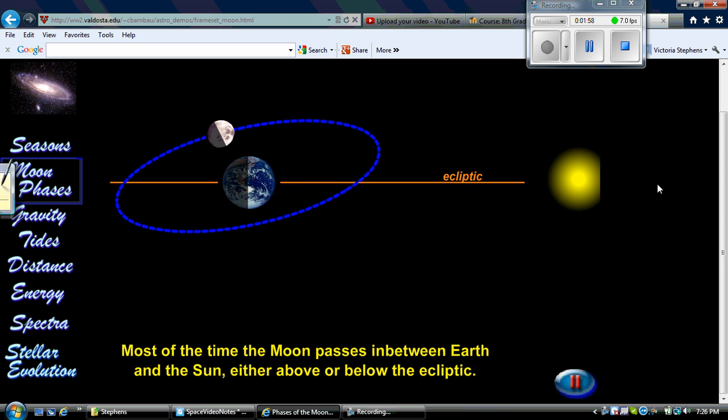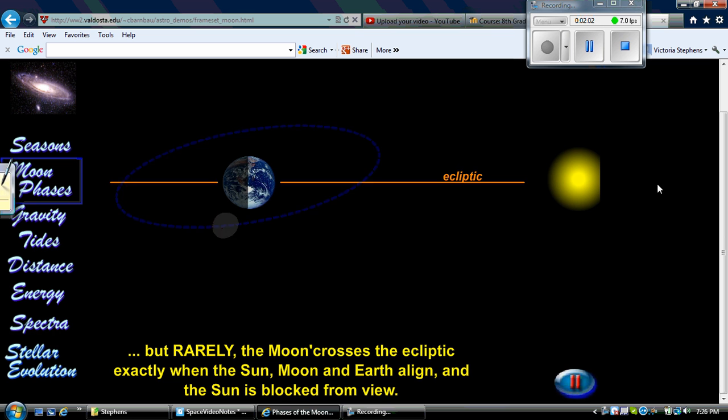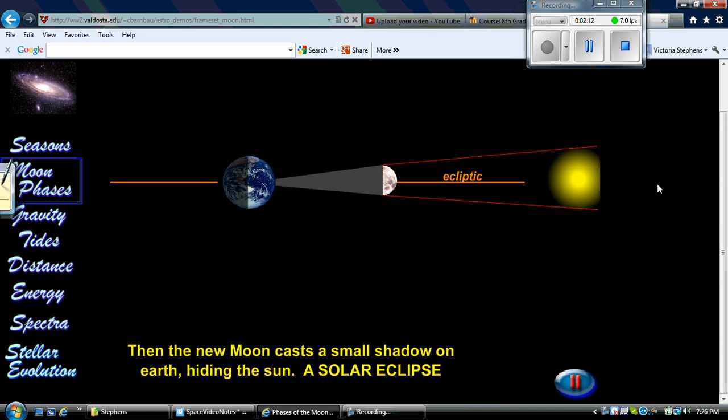And that means the moon passes on the ecliptic between the sun and the Earth at the same time that the sun and the Earth are on the ecliptic. This rarely happens, but when the sun, moon, and Earth align, the sun is blocked from view. The new moon casts a small shadow on the Earth, hiding the sun, a solar eclipse.